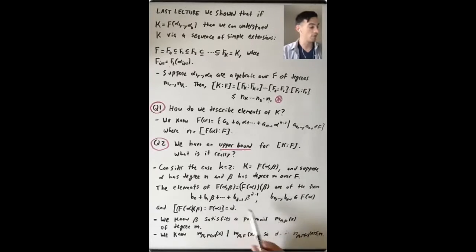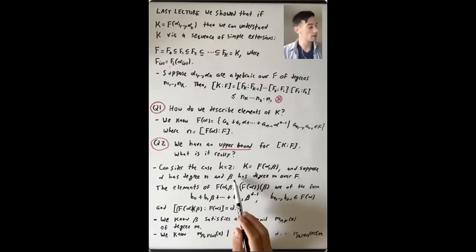These are of the form polynomials in beta of degree at most d minus 1, where the coefficients lie in this field F adjoin alpha. And what is this d? d is the degree of the extension F adjoin alpha adjoin beta over F adjoin alpha. So that's our d.